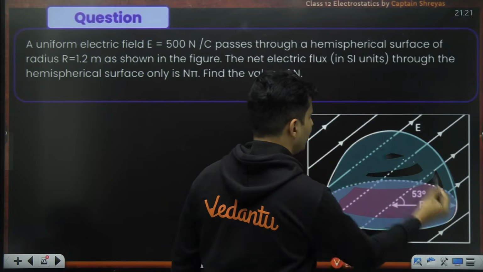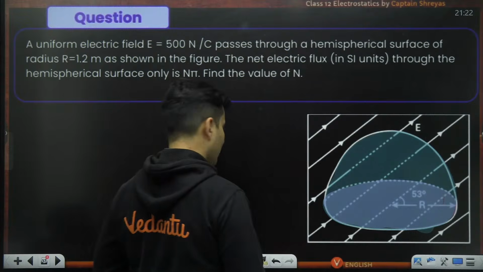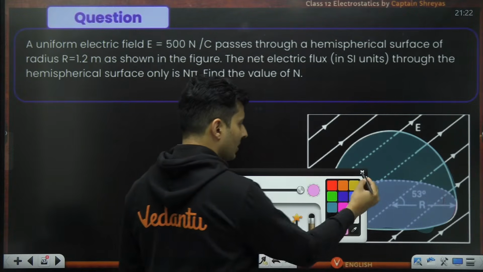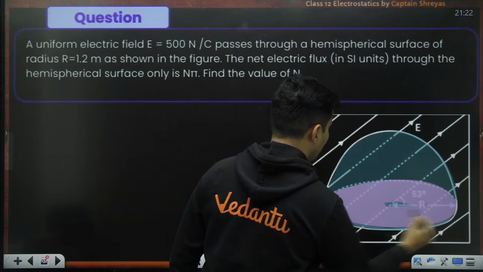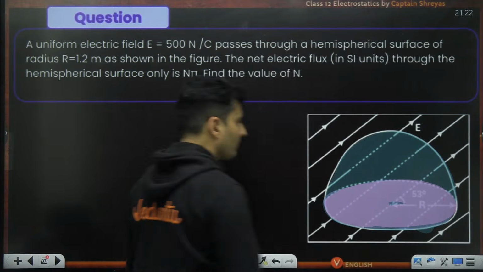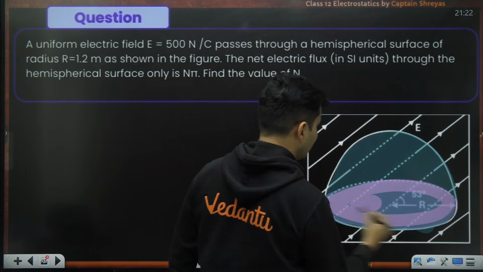Just see it and convince yourself that that is true. Whatever flux passes through the curved surface will also pass through the circular base, the same amount of flux.